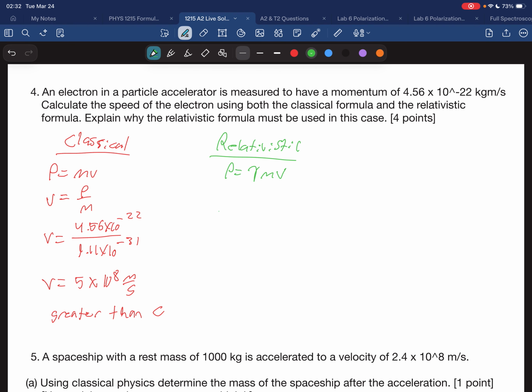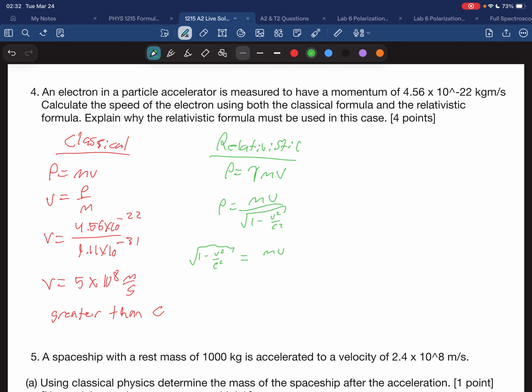So let's sub in what we know gamma is equal to. And we see that there's a v squared in that square root down at the bottom. So let's go ahead and get it out. I'm going to multiply both sides by everything under the square root.